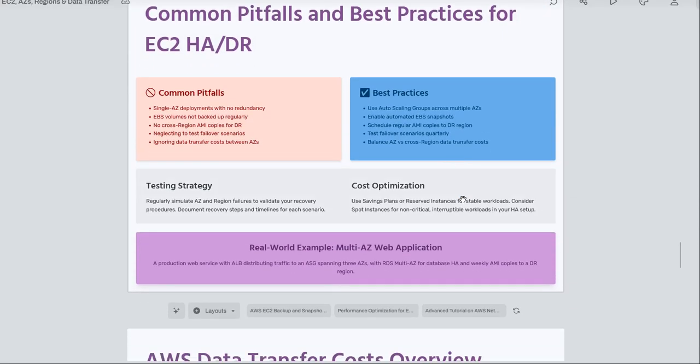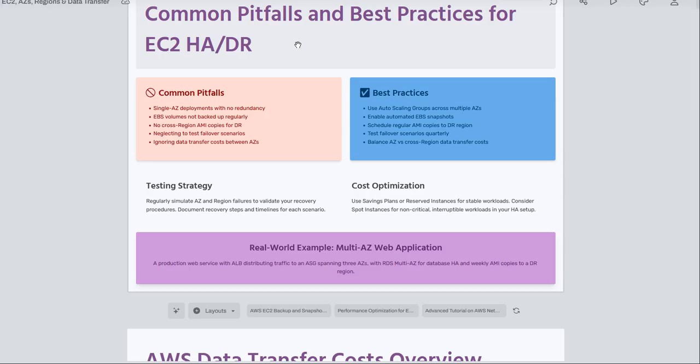And then we're going to discuss common pitfalls and best practices for EC2 high availability and disaster recovery. Common pitfalls are single availability zone deployment with no redundancy, and EBS volumes not backed up regularly.